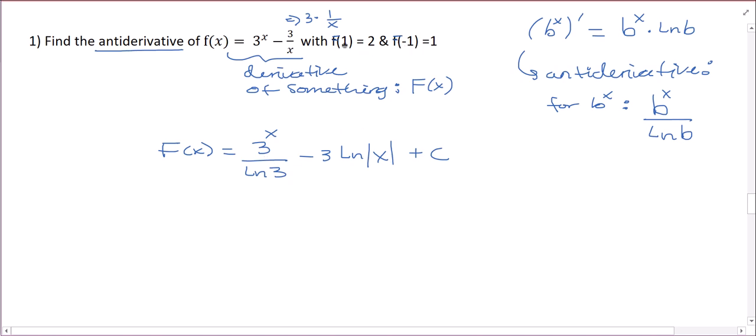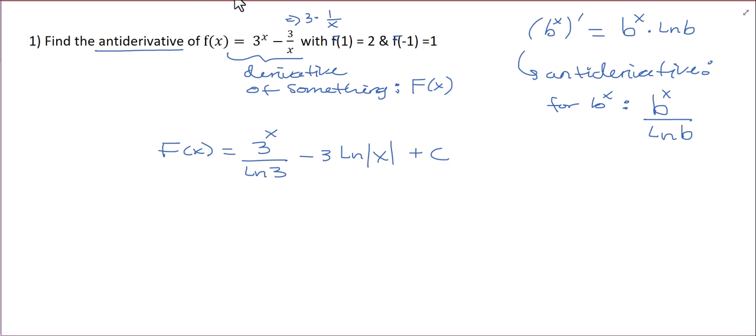But this is a little bit interesting because when x is 1, when I plug it in here, this is going to be 3 to the 1, but when it's negative 1, 3 to negative 1. However, the ln of absolute value of x, for 1 and negative 1, is going to become just ln of 1.